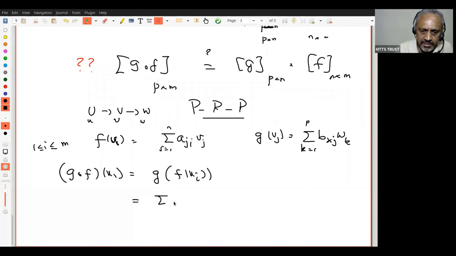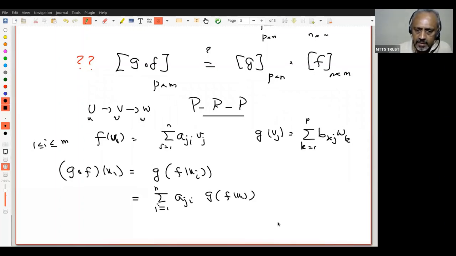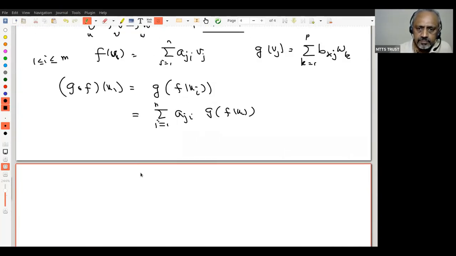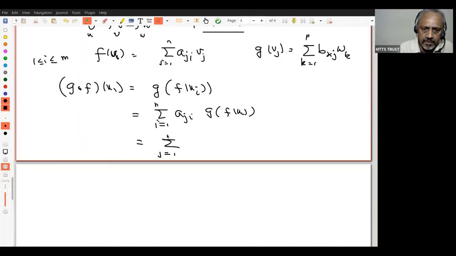Therefore, I can write it as the sum over j from 1 to n of a_ji times g of vj. Do you mind if I don't write this 1 to n, etc.?